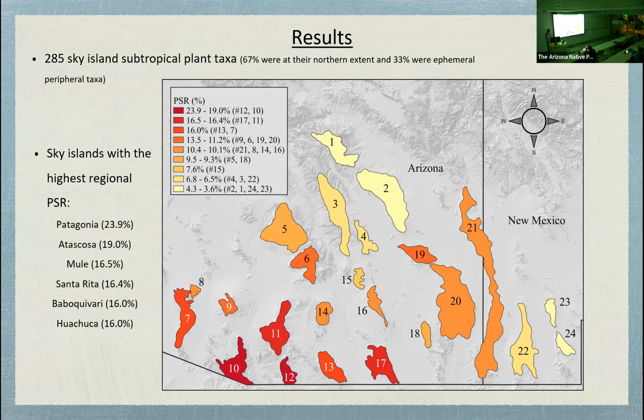The Baboquivaris, I believe, only had 99 subtropical plants. So there was way more in Santa Catalina, but Baboquivari has a much higher percentage of tropical species. It's 16% versus 9.5%. So that seems like validation for using this metric of the proportion of subtropical richness.